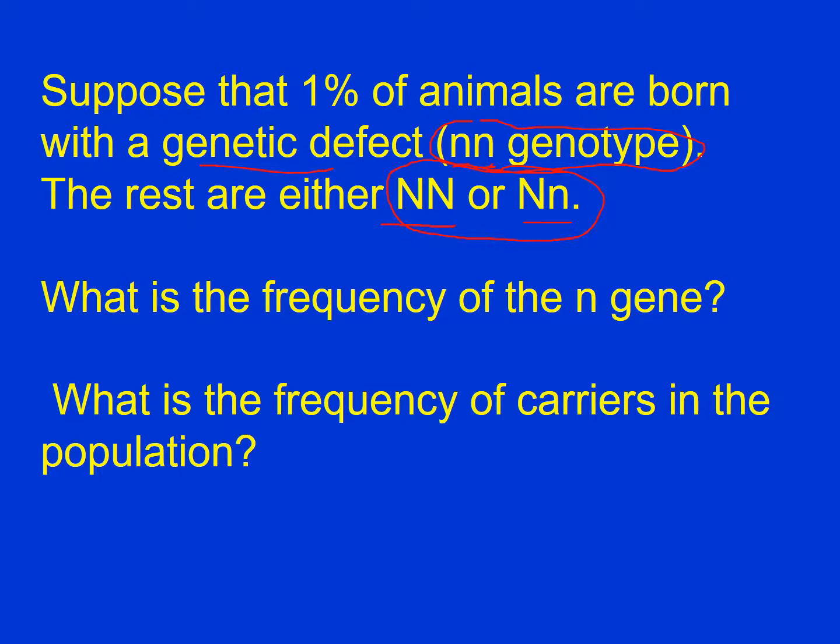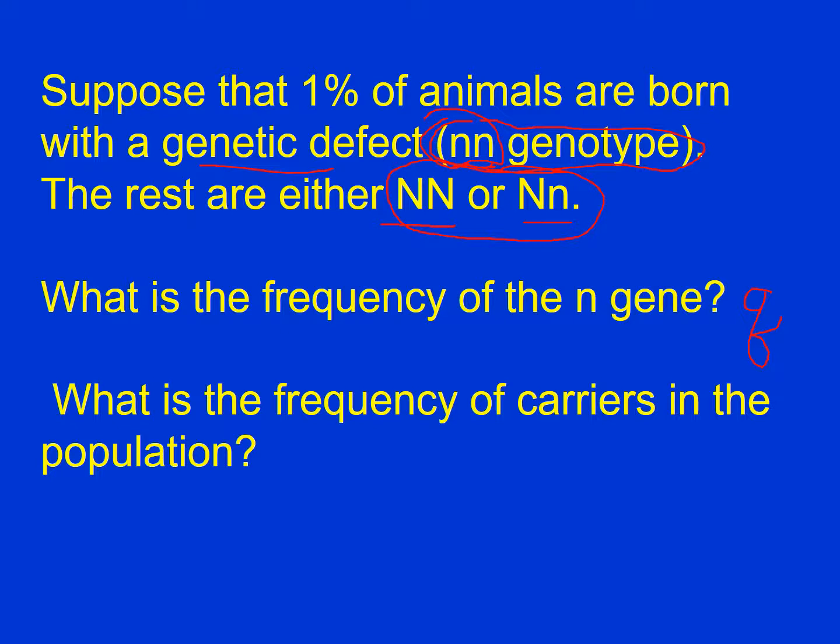All right. So we want to know what's the frequency of the recessive gene. We know that 1% of the animals have 2 copies of that recessive gene, but we might want to know what's the overall frequency of that gene in our population. And of course, we said that was Q, the frequency of that recessive gene.